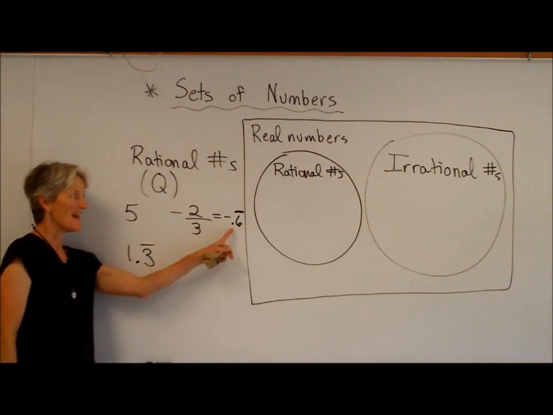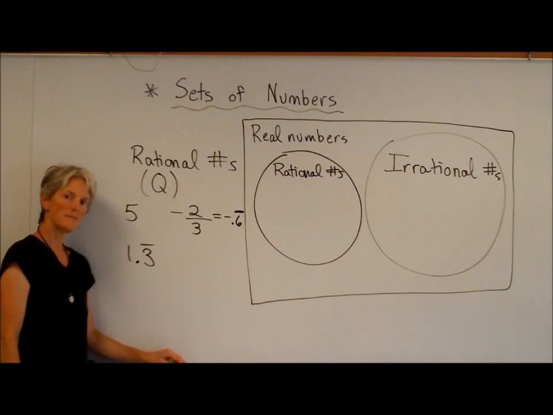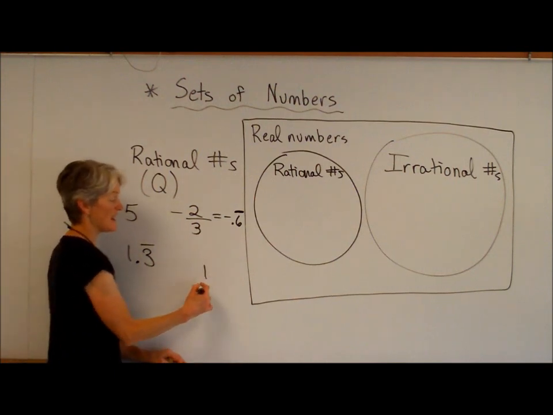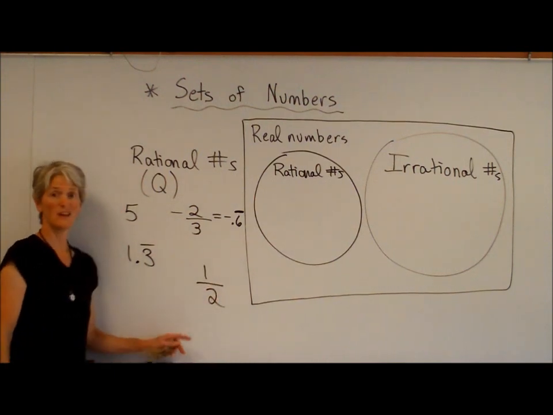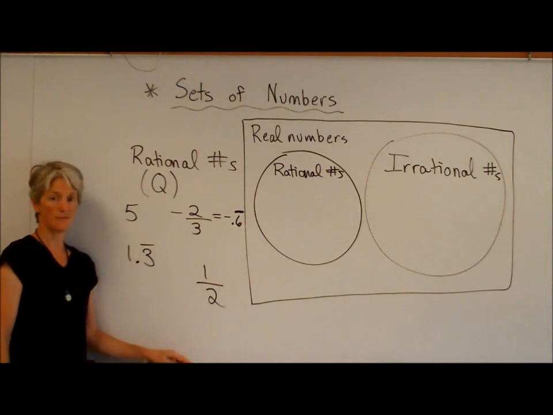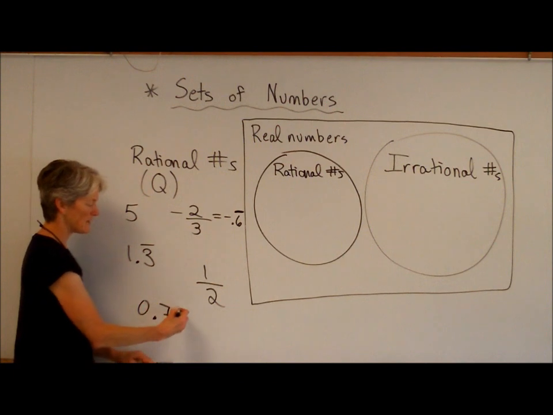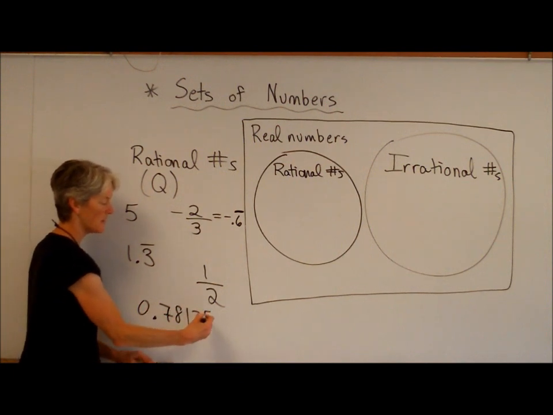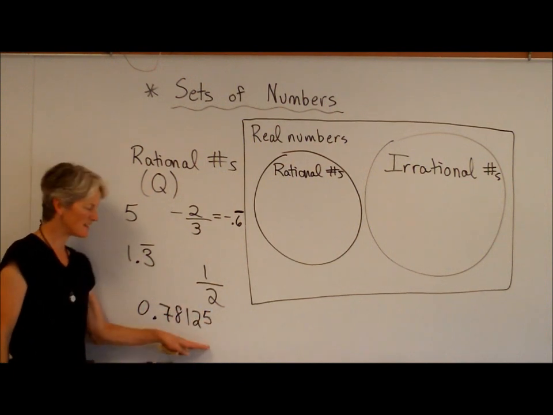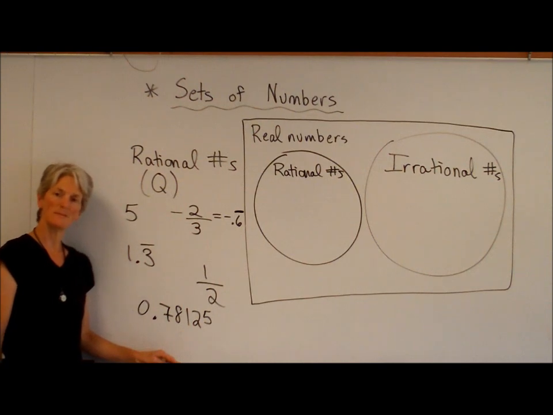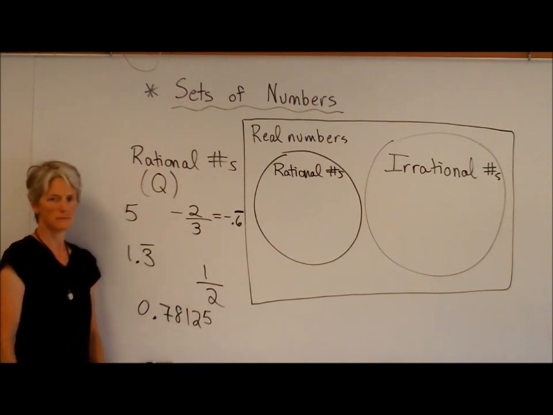That's a repeating decimal. I could even have a fraction that's not a repeating decimal, like 1/2 or 0.5. I could even have a really, really long decimal, but as long as it stops, that's rational. But if it kept going with no repeating pattern, then it would be irrational.